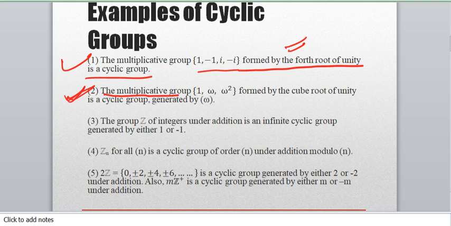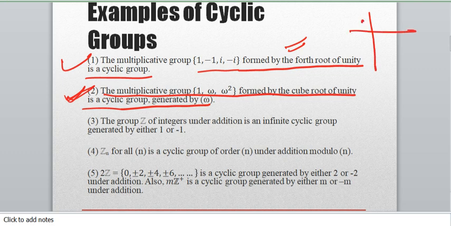The multiplicative group 1, omega and omega squared, formed by the cube roots of unity, is called a cyclic group generated by omega. When you multiply, 1 gives omega, then omega squared, then omega cubed is 1.